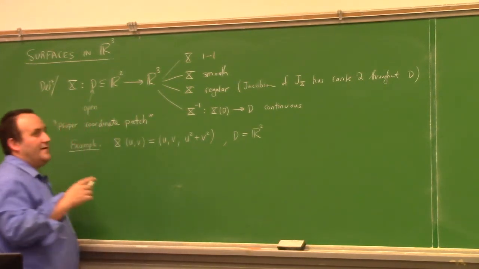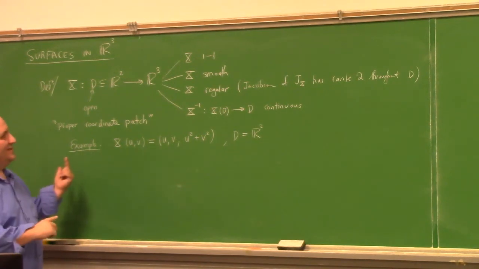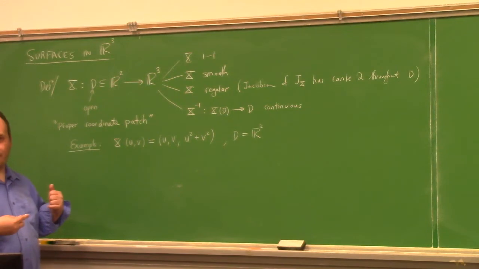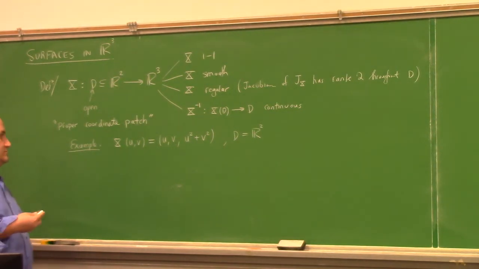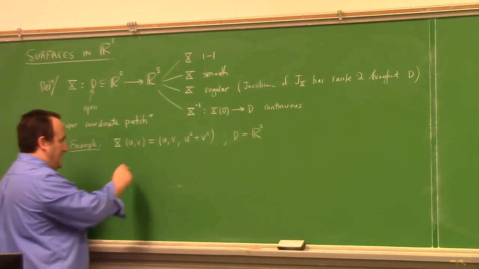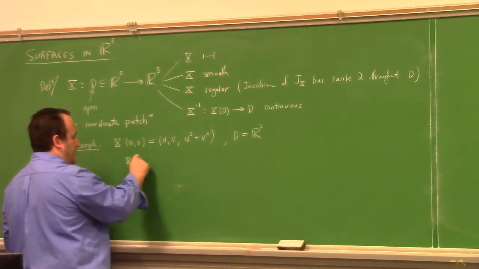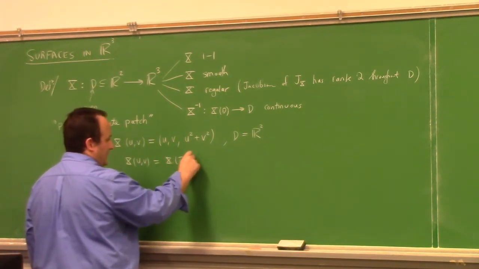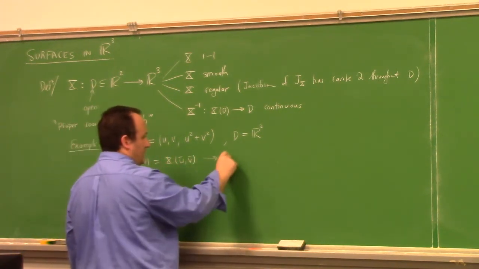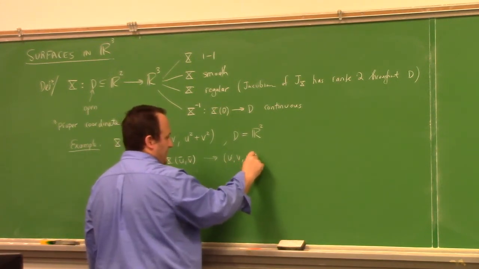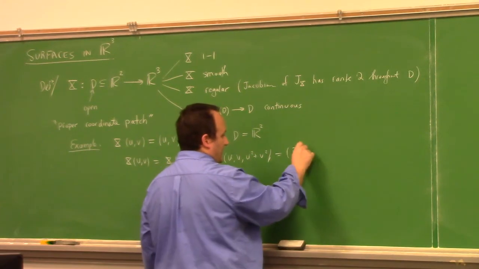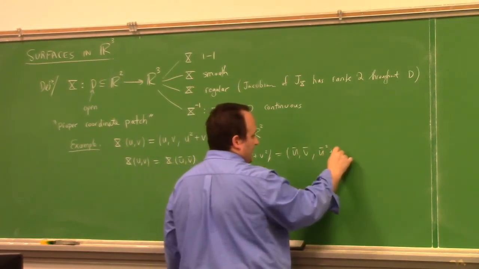So anyway, getting back, is this one-to-one? Yeah, for every input you have an output. So you could prove one-to-one directly, right? If you set x of (u,v) equal to x of (u bar, v bar), that would give you (u, v, u squared plus v squared) equal to (u bar, v bar, u bar squared plus v bar squared).